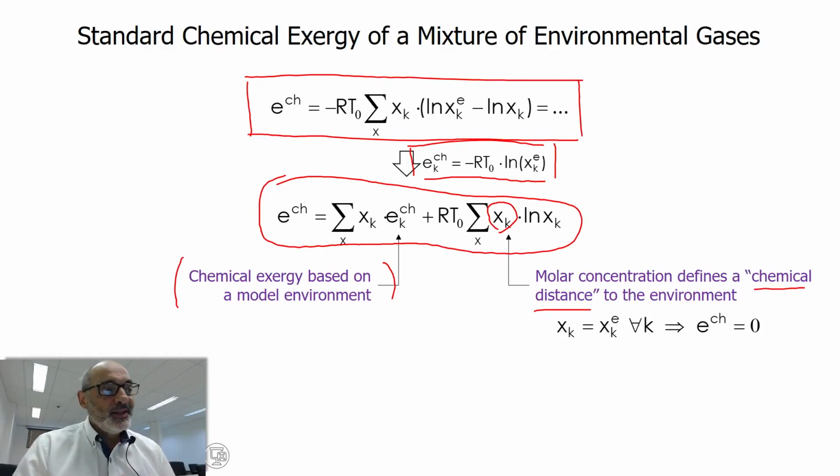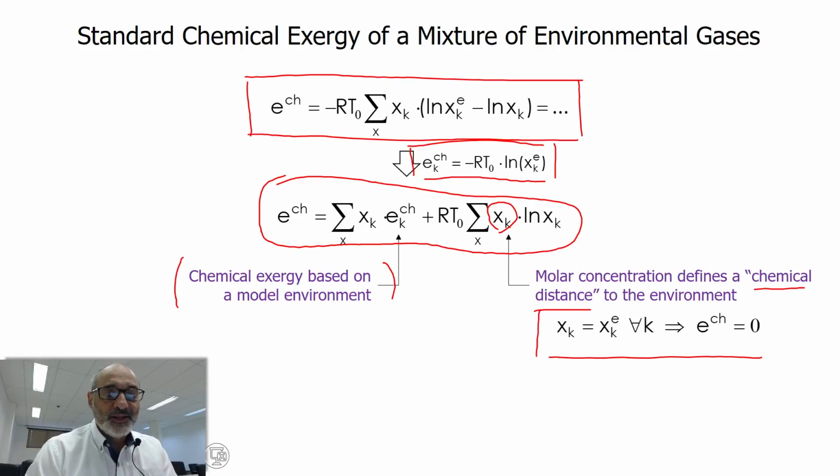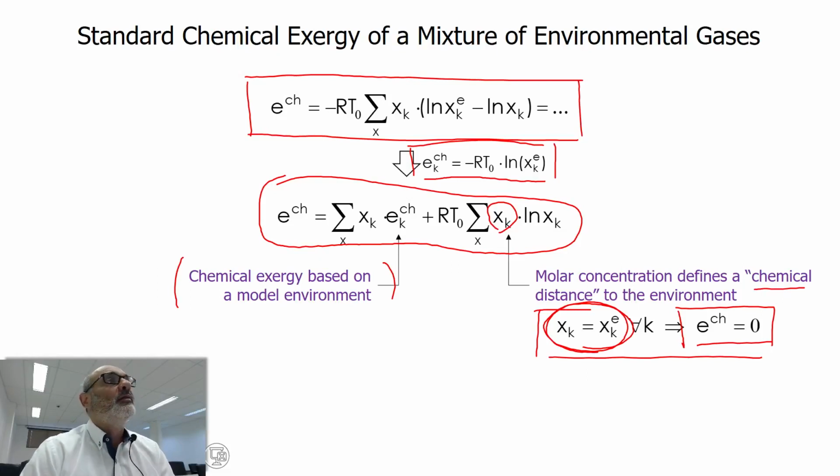So the more distant or the more different a system is from its reference environment, the more work we can produce from this substance. And if we have no distance or no difference, meaning that all concentrations are the same, then its exergy content is 0. We cannot obtain work from this situation. The only possibility is having different pressures and temperatures.